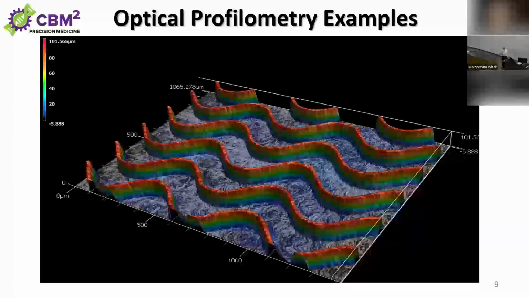We want to make structures that are channels, troughs. So the molding tool has the reverse polarity. It has protrusions in it, and these protrusions define the pattern that we use in the molding tool to create in the injection molded part.